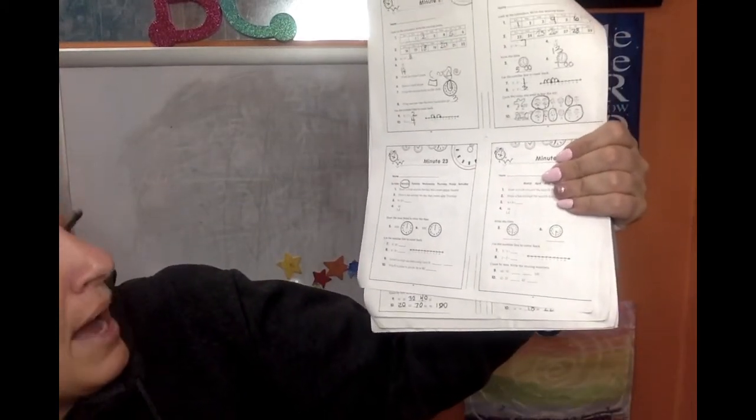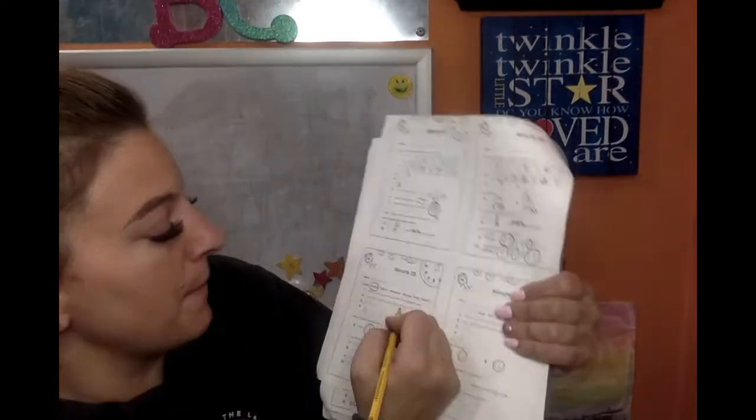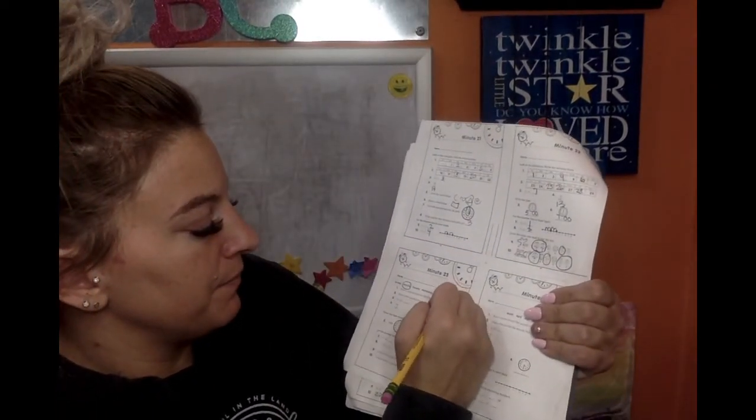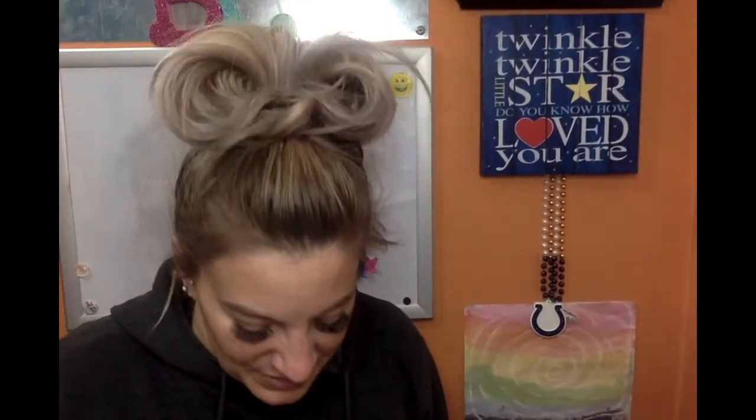Draw a box around the day that comes after Thursday. What comes after Thursday? Friday. And we're going to put a box around it. Ta-da!